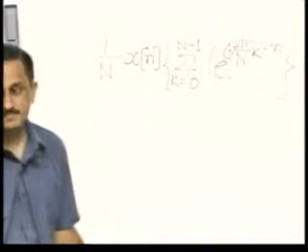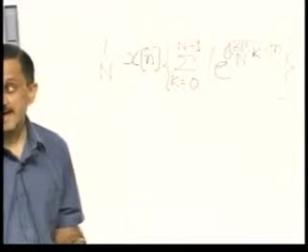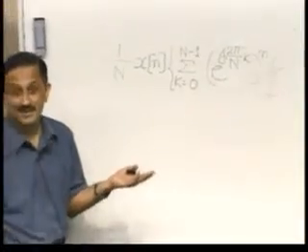This is for decimation by n. So now that he's brought out the point, I can straight away write down its Z transform.